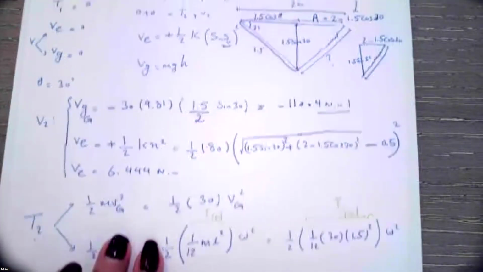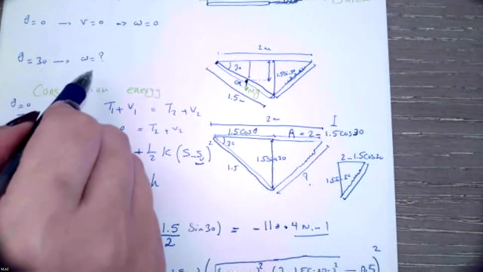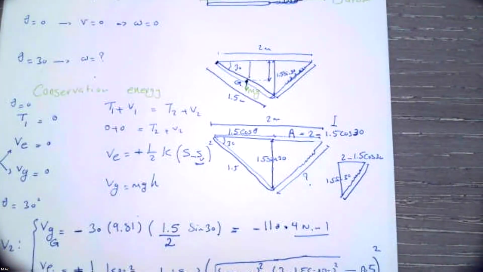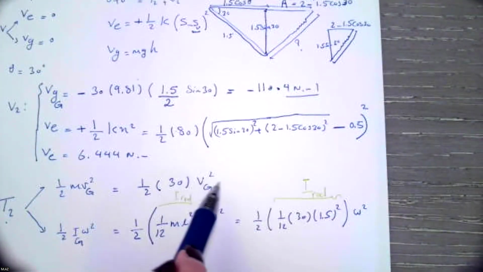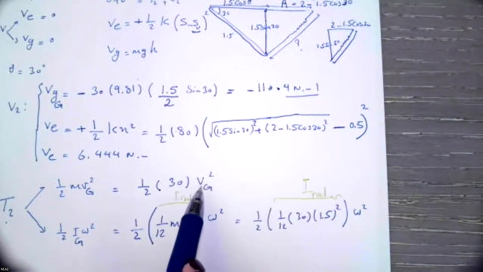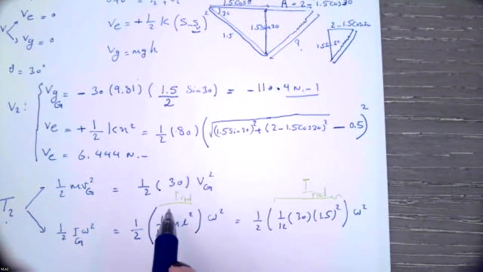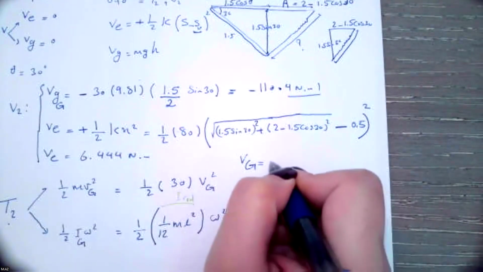But if we go back to the problem, once theta is 30 degrees, we should find omega. For this reason, it's better to write the velocity based on omega. Because if we keep the velocity as a velocity, then we will have one equation with two unknowns, velocity and omega. For this reason, we will rewrite the velocity at G based on omega.